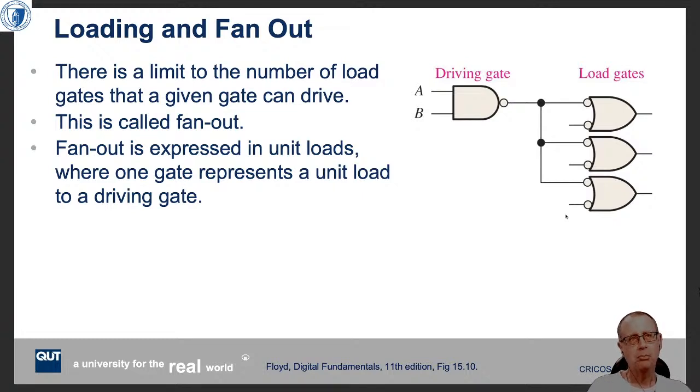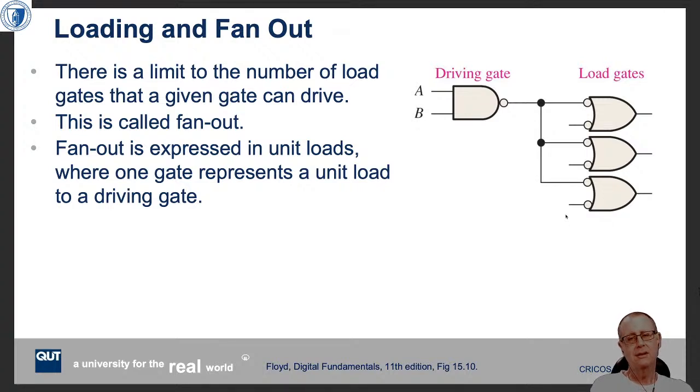And that problem is called fan out, right? One of the things that you look up on the data sheet for a device is its fan out. And sometimes the fan out is only 2. Sometimes it's 20. And you have to be able to read that.